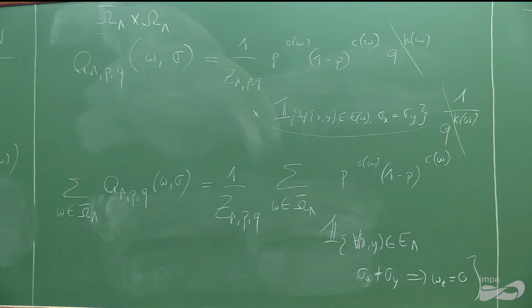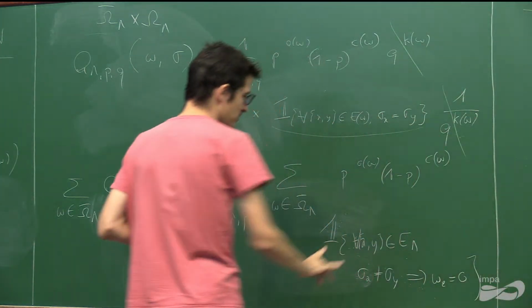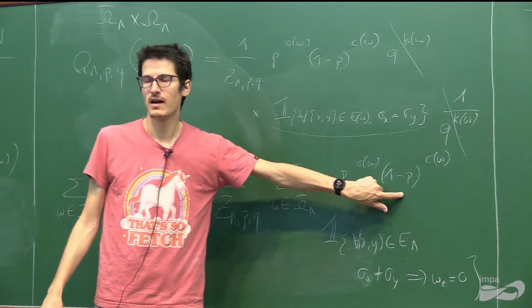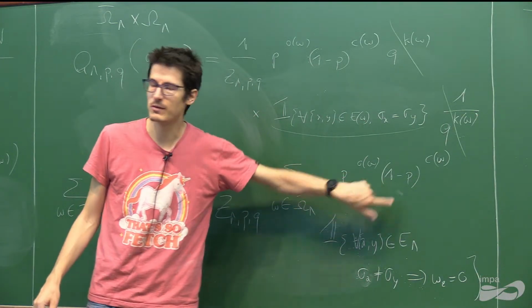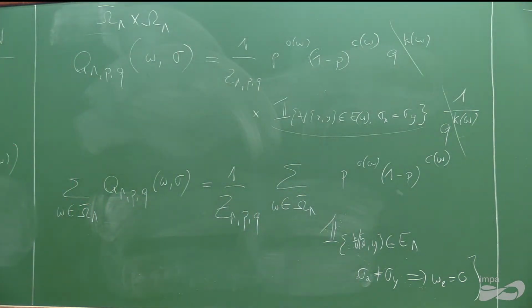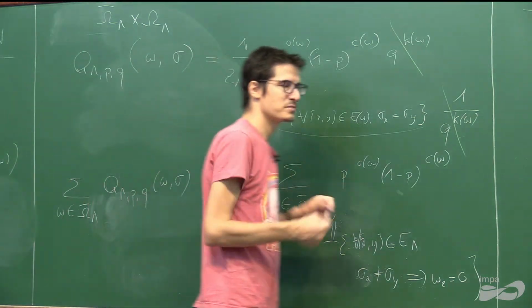Basically, if I didn't have this condition, this sum here would be equal to 1, because I'm just summing p and 1 minus p for every edge.